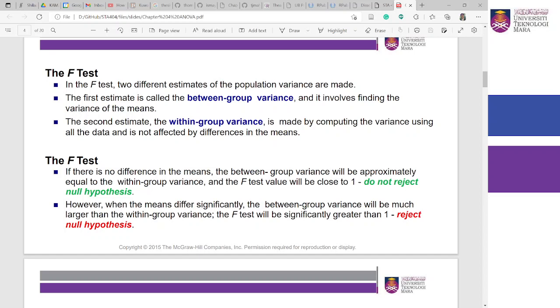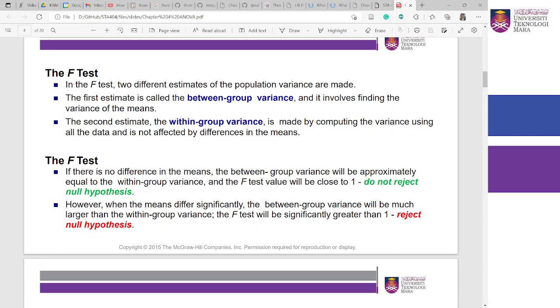Okay, so when there is no difference, that means you do not reject the null hypothesis. In this situation, the null hypothesis says that there is no difference between the means. Meanwhile, the alternative hypothesis is that at least one pair of means differs.